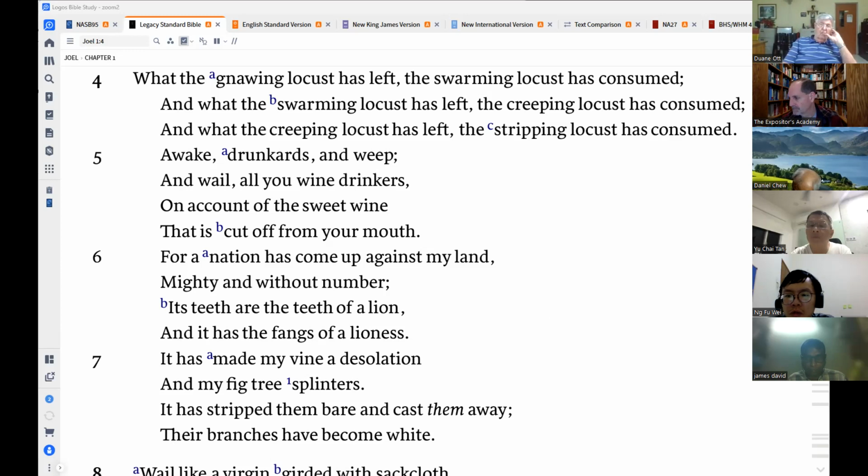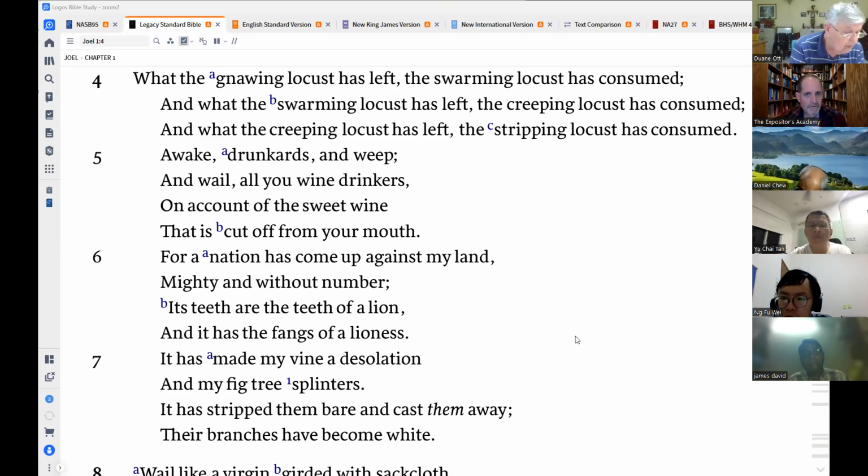Its teeth are the teeth of a lion, and it has the fangs of a lioness. It has made my vine a desolation and my fig tree splinters. It has stripped them bare and cast them away. Their branches have become white.